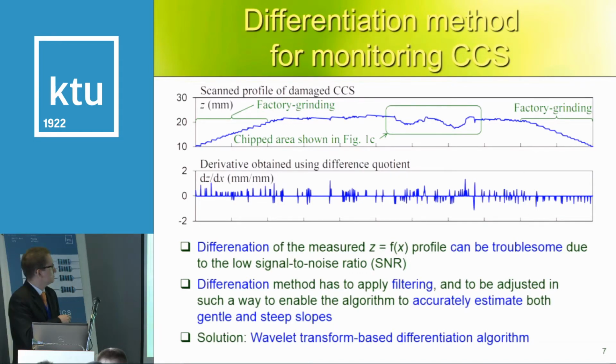In this situation, we have problems identifying which peaks correspond to the damage. So the differentiation method has to apply filtering and be adjusted in such a way as to enable the algorithm to accurately estimate both gentle and steep slopes. So we proposed a solution based on a wavelet transform differentiation algorithm.